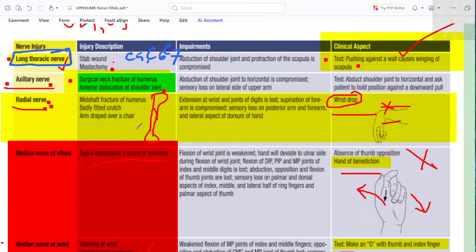Like hip surgery, posterior dislocation of the hip. Which nerve will be injured? Sciatic nerve. Like this, you need to find the keywords in the question. Here you are solving short versions of the question.